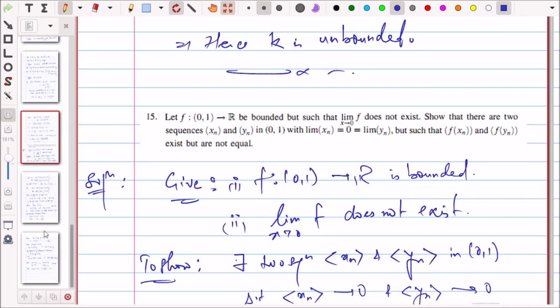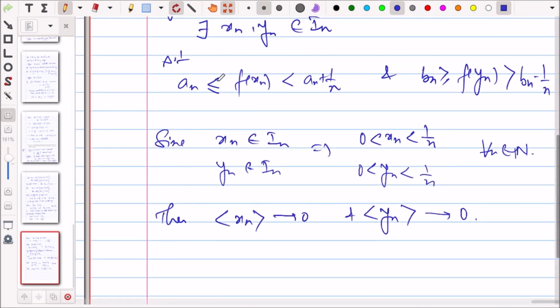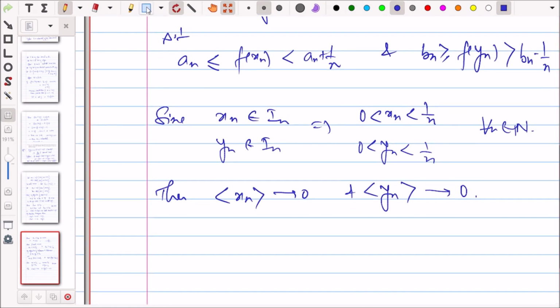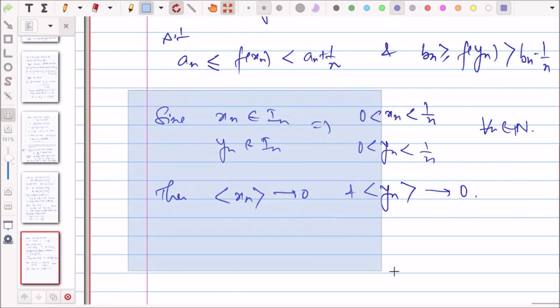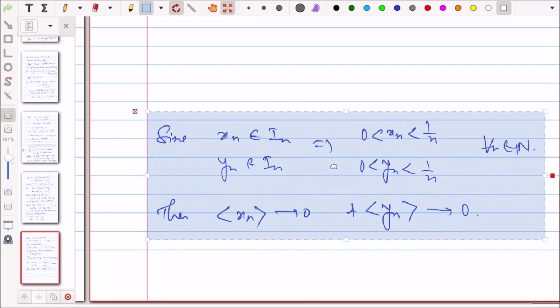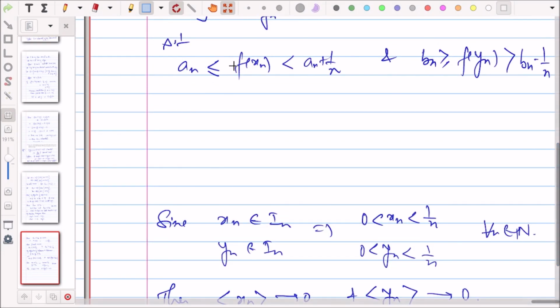Now where will f of xn converge? From this, we can get this a little down and we can write here, because our f of xn is lying between an and an plus 1 by n for every n.